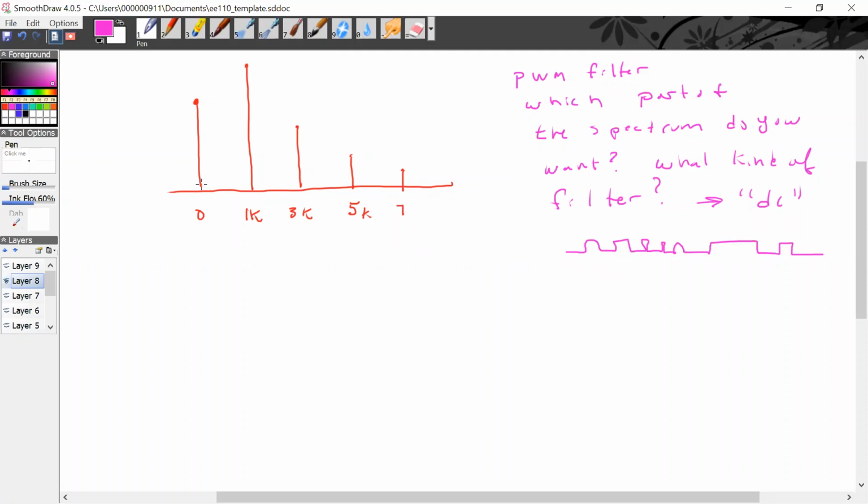It's a lot less than this first harmonic. But what part do I want? I want this part. What kind of filter? Low pass. Now, when you're doing this on homework and assignments, you can just draw it like that, or you could do the brick wall, even though it's not physically realizable.